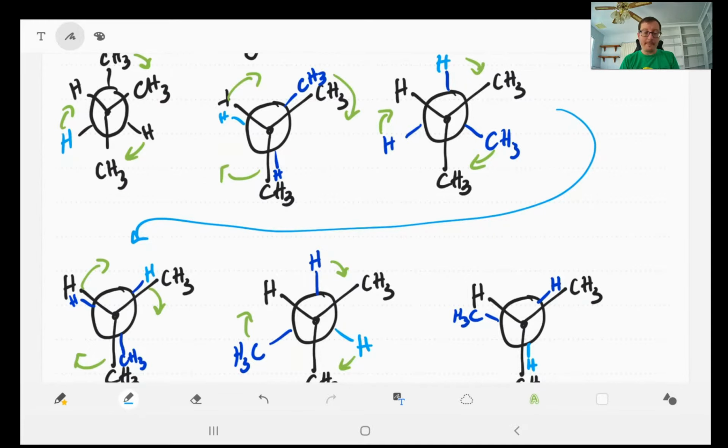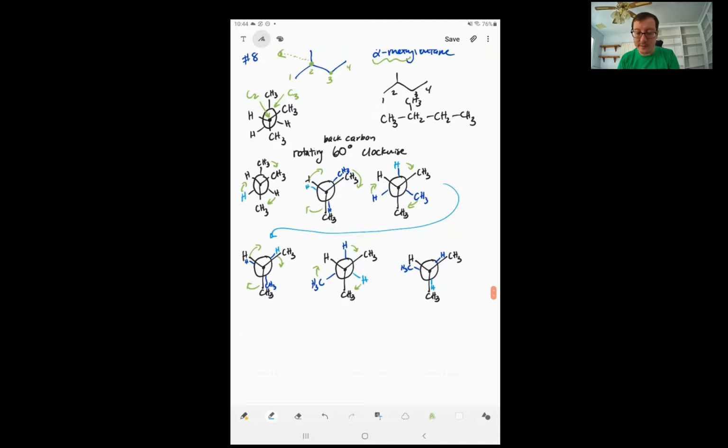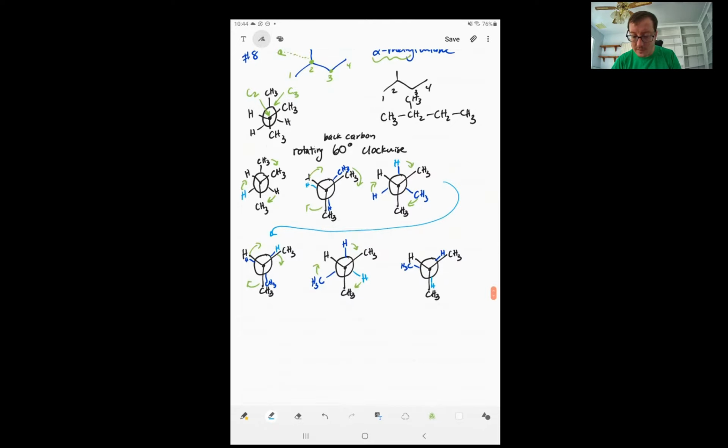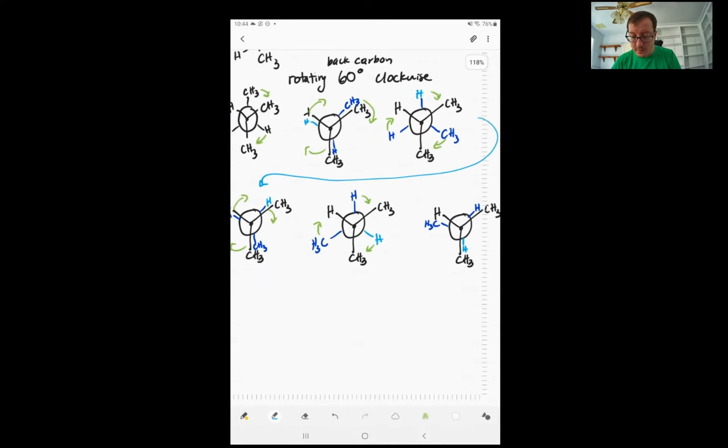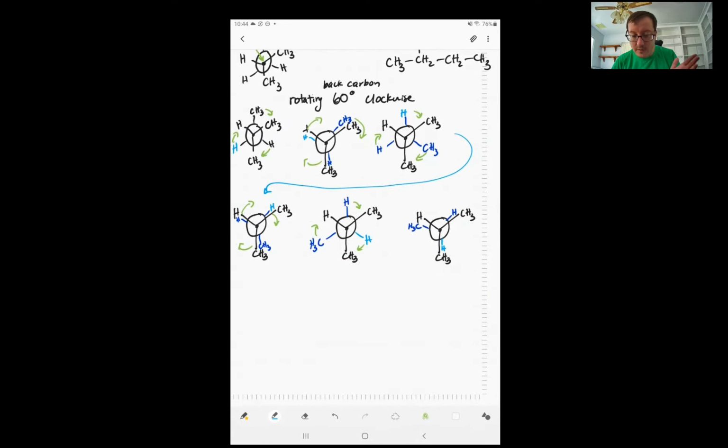So, I'm just going to flip this vertically so we can look at all of them at once. Now that we see all of them, we want to see what's the best and what's the worst.